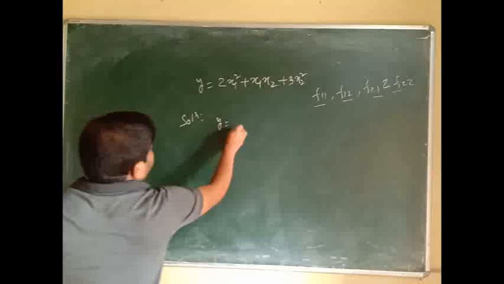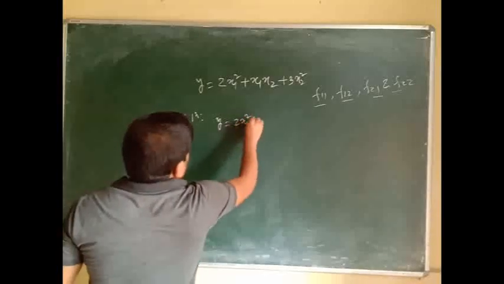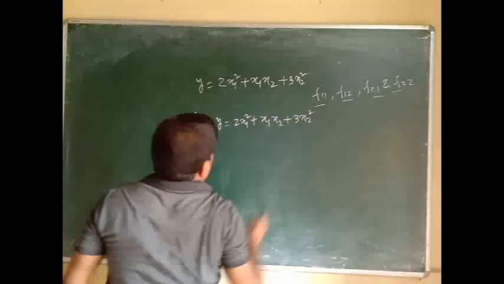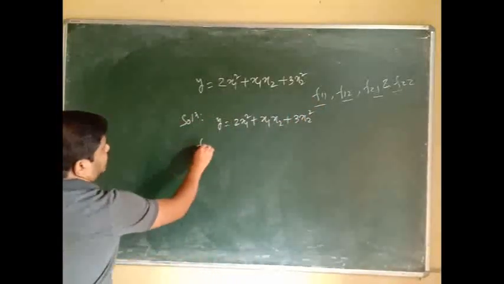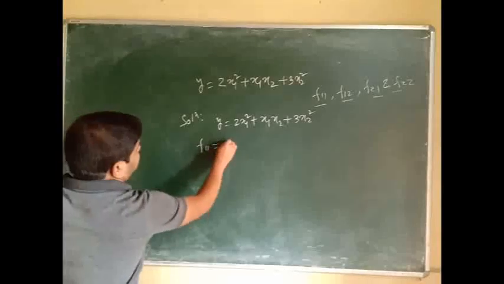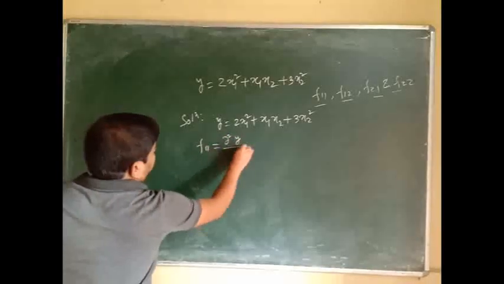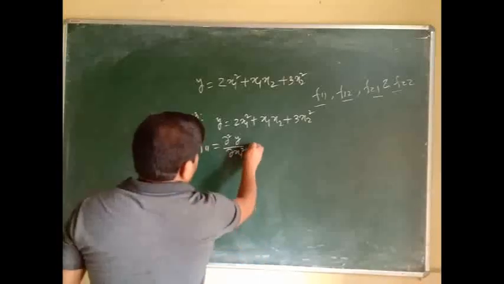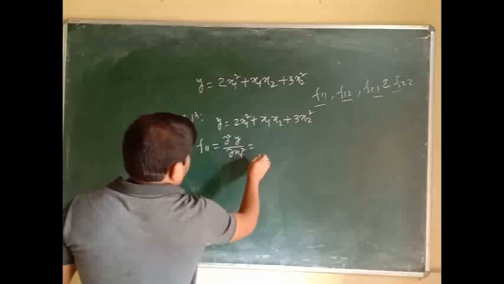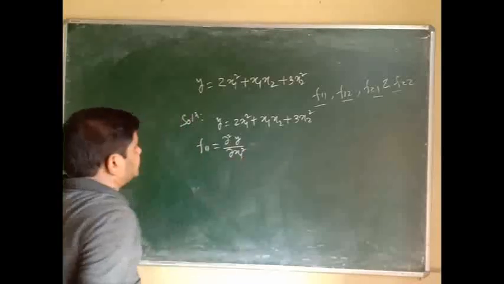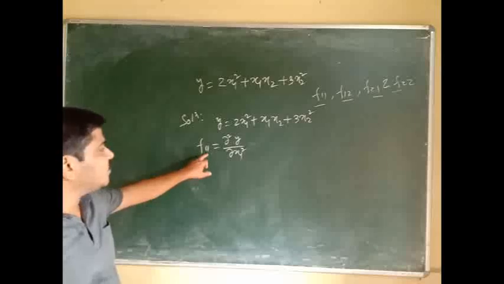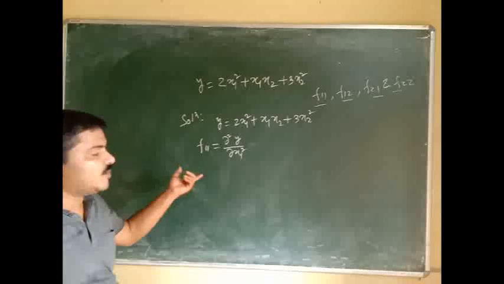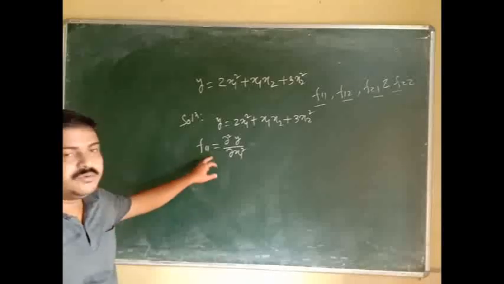So given y is equal to 2x1 square plus x1 x2 plus 3x2 square, our f11 is equal to d square y by dx1 square. To find out f11, first we have to find out f1, then we will get the derivative of f1 with respect to x1, then we shall find out f11.